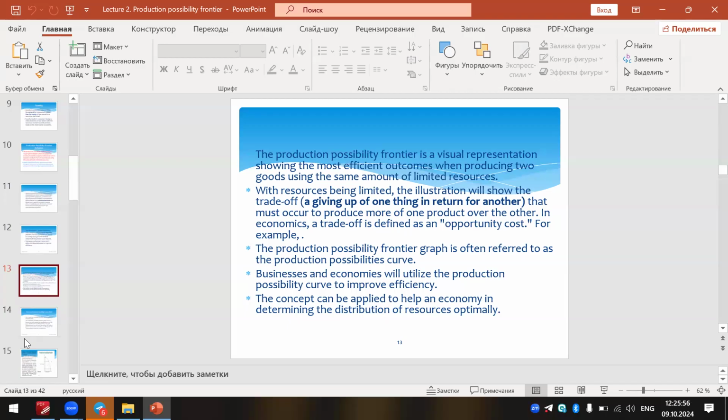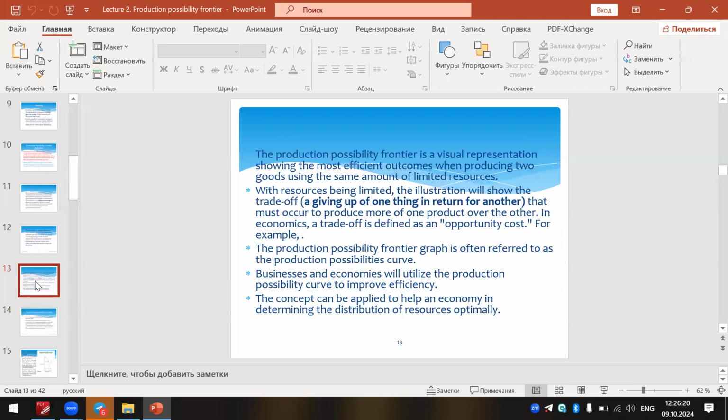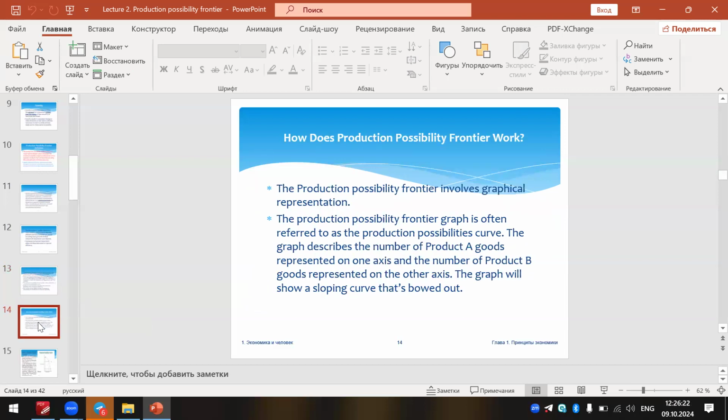And the concept can be applied to help the economy to determine the distribution of resources optimally. So this is the aim when we use this production possibility frontier to help our economy to determine and distribute these resources optimally. То есть с ограниченными нашими ресурсами, чтобы сберечь эти ресурсы, да?